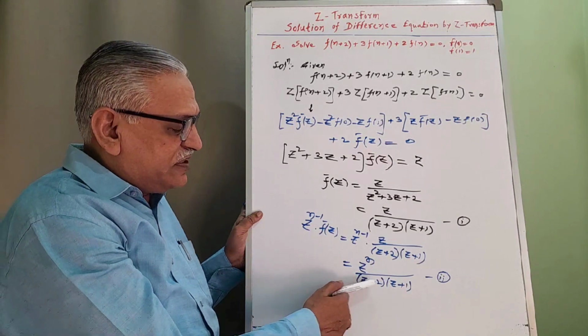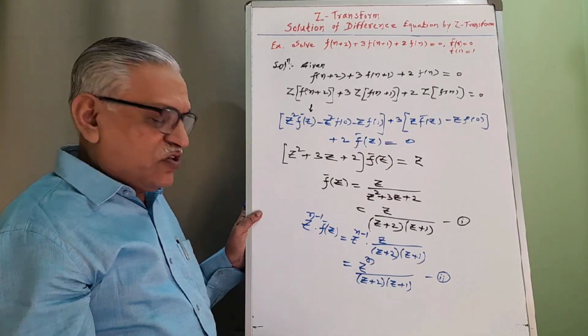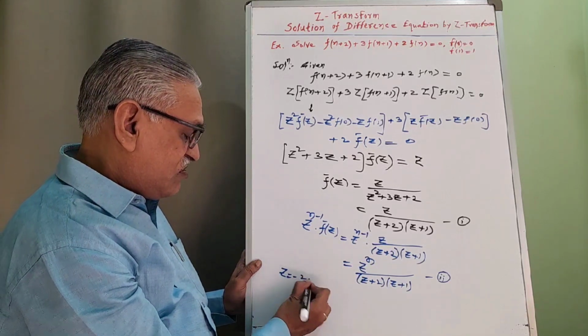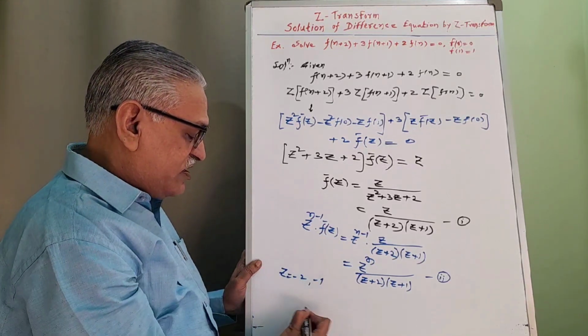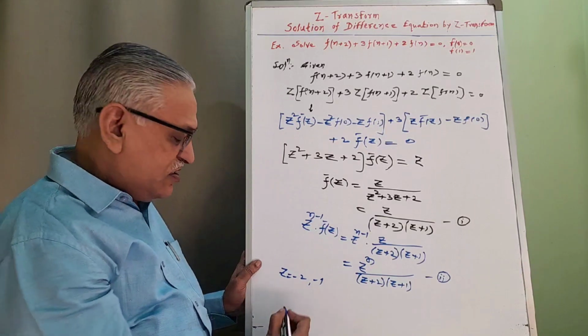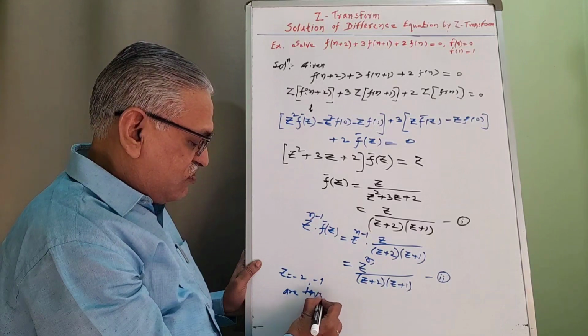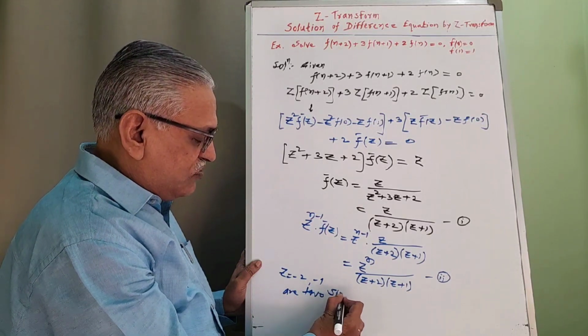Equating the terms in denominator to 0, we get z is equals to minus 2 and z is equals to minus 1, as these are two simple poles.